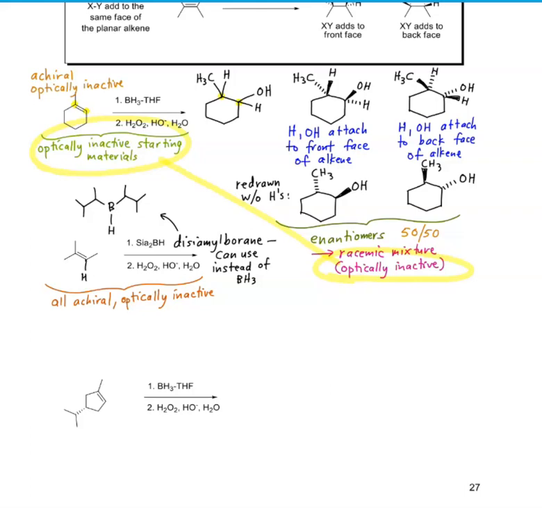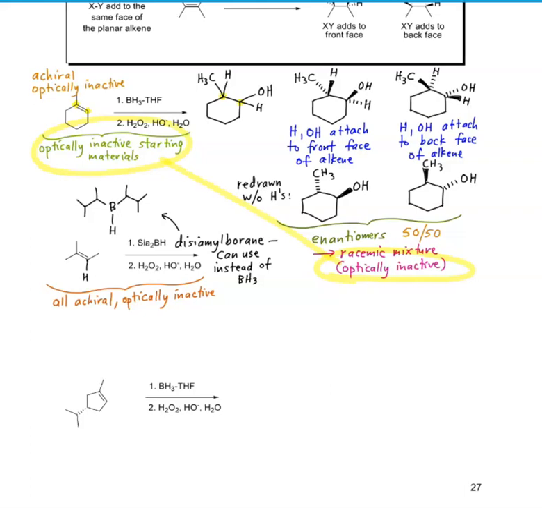In our first example, we had a ring, so it was really easy to draw the stereochemistry. We just kept all the bonds in the ring in the same plane, and we varied the wedge and dash notation of the groups that were attached to the ring. If we have an acyclic compound, like the one we have here, we can still predict the products. So let me redraw this and show you the way that I like to do this.